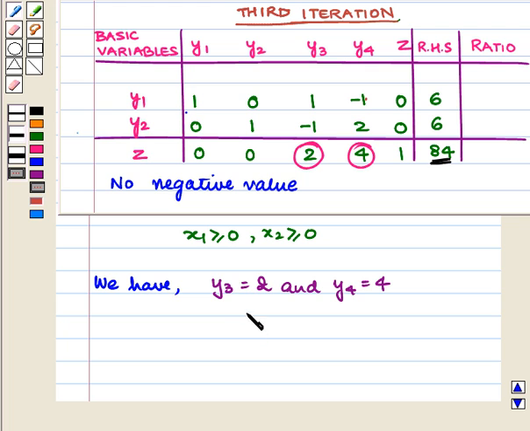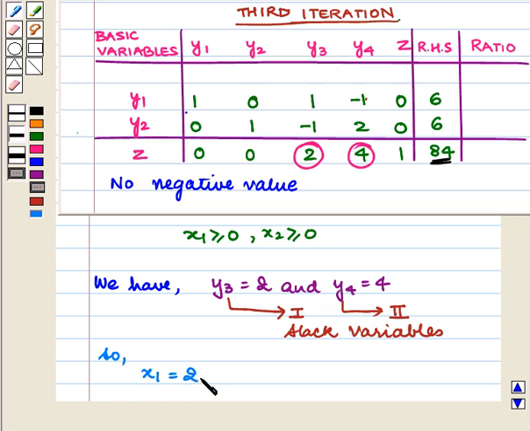So y3 and y4 are slack variables for the first and the second constraints respectively. So x1 is equal to 2 and x2 is equal to 4.